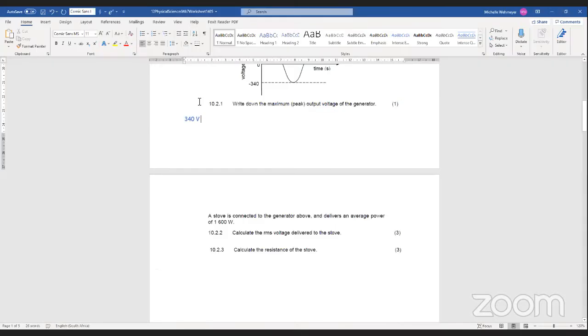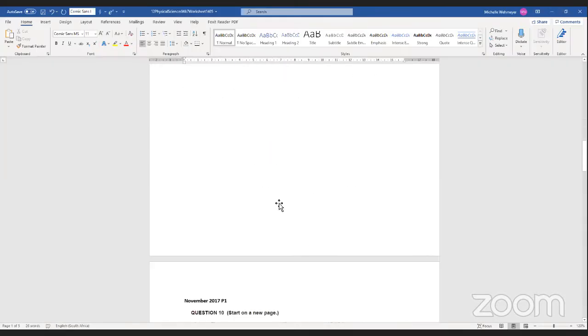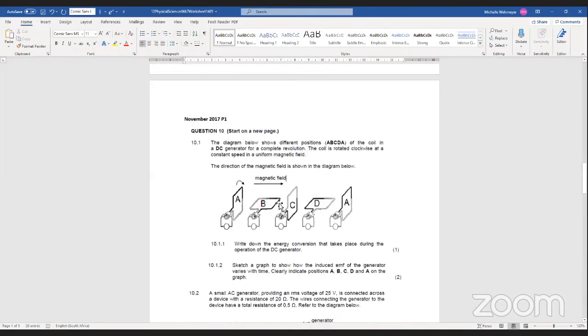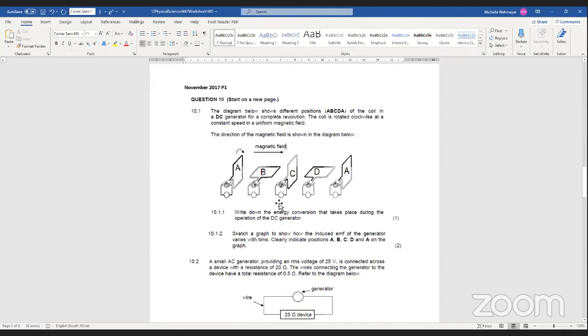Okay. So then the next question is a 2017 November paper, also question 10. And so 10.1, they tell you the diagram below shows different positions, A, B, C, D, A, of the coil in a DC generator for a complete revolution.